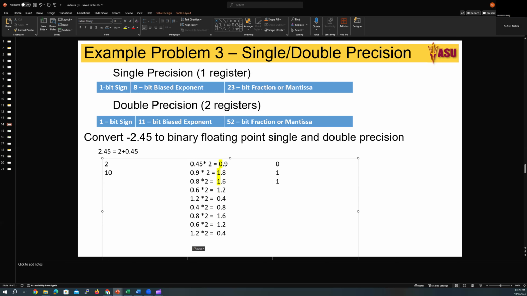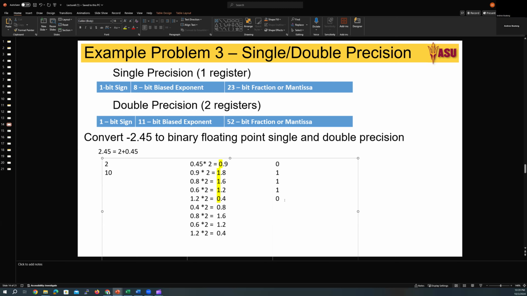When we got here, we picked only the 0.6, which is this line, and multiplied by 2, we got 1.2. That means we get to keep this 1. Now, we got here, 0.2 times 2 is 0.4. The digit before the point is 0, so we get to keep 0 here.